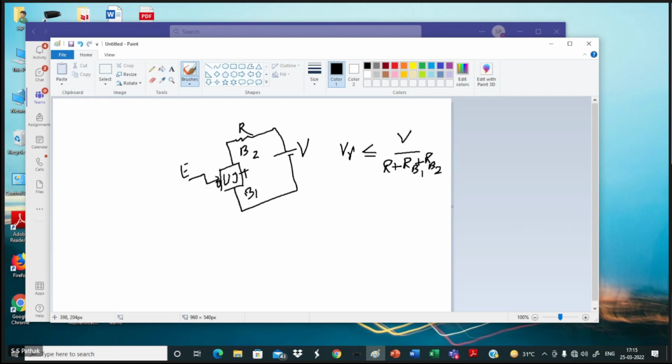I want the voltage between this and the ground. Okay, this voltage V gamma should be like this. So this and ground will be what? This voltage V divided by the current. So this current into RB1. Okay, RB1 into V divided by R plus RB1 plus RB2.